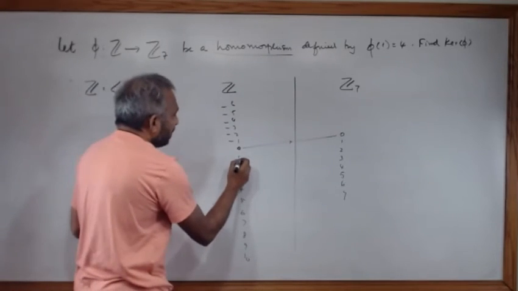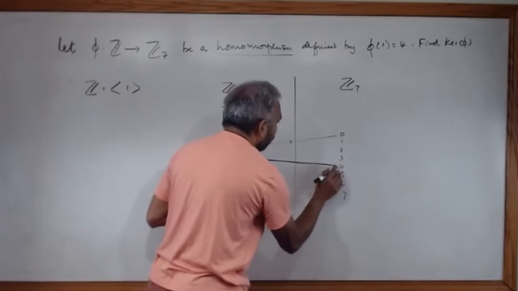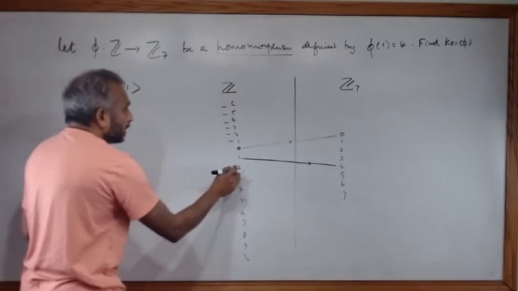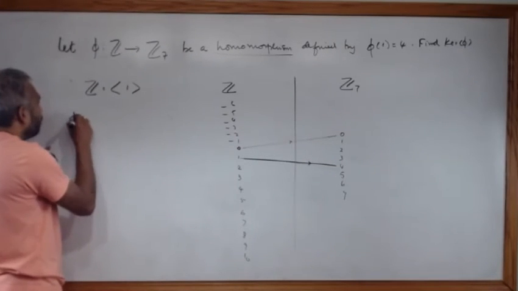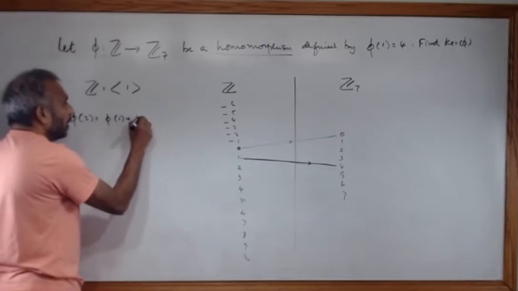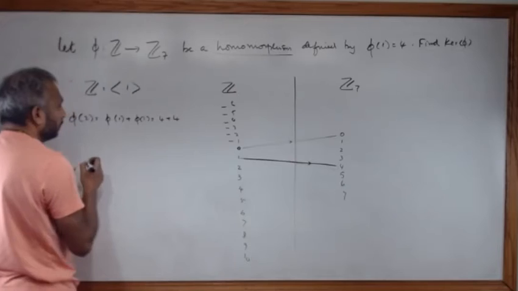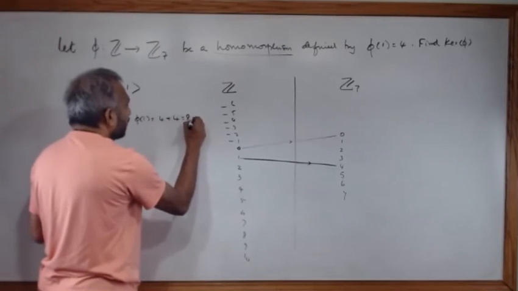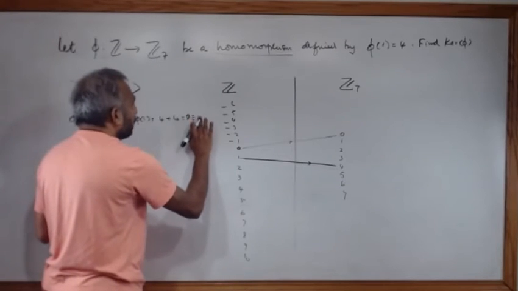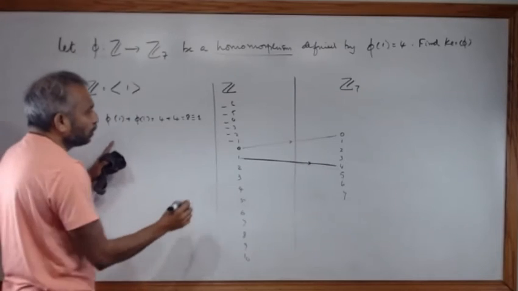Phi of 1 is going to 4. Where does phi of 2 go? Phi of 2 is equal to phi of 1 plus phi of 1, which is 4 plus 4, that is equal to 8, and that is equal to 1 mod 7. So 2 goes to 1.